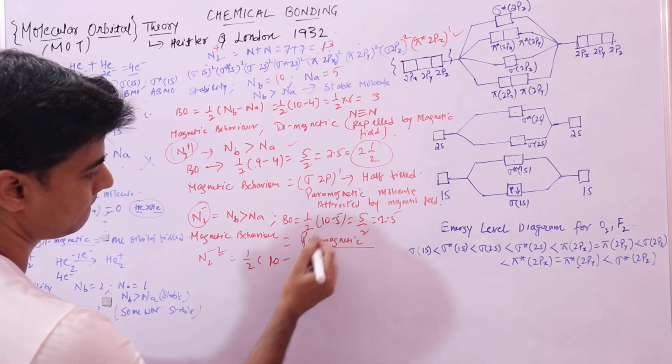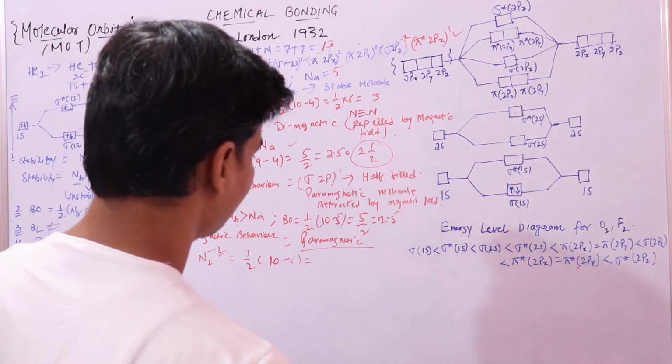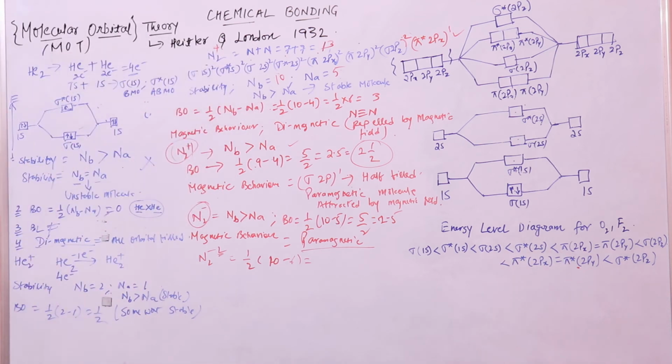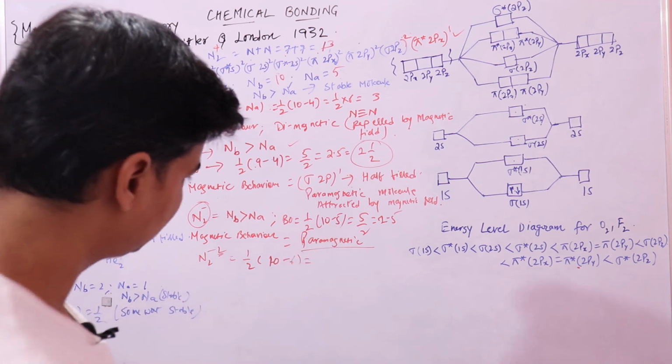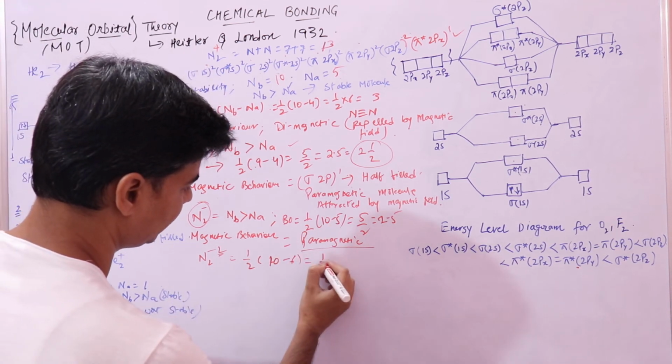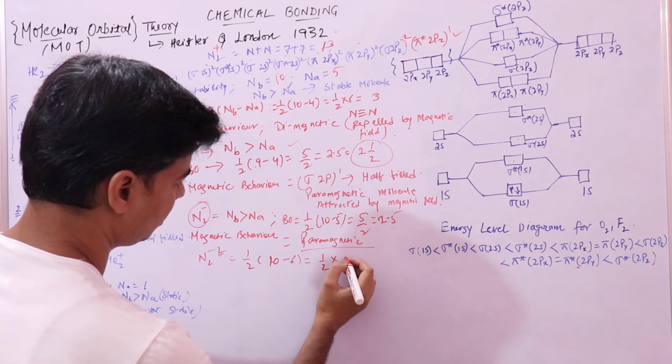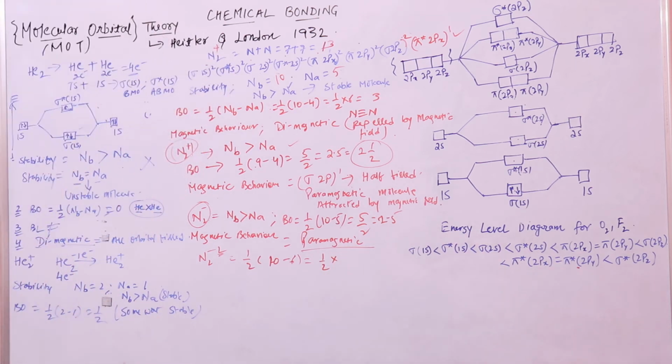of 10 minus 6. So this is how we can keep adding electrons in various orbitals, and from there you can find its magnetic behavior and its bond order.